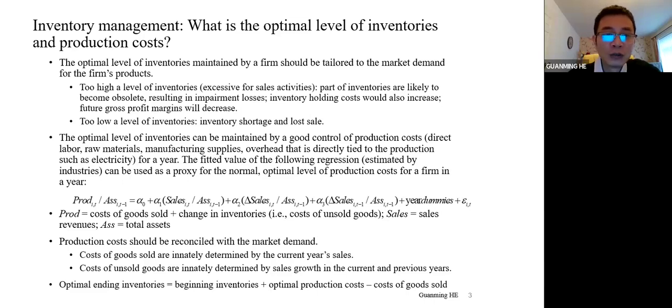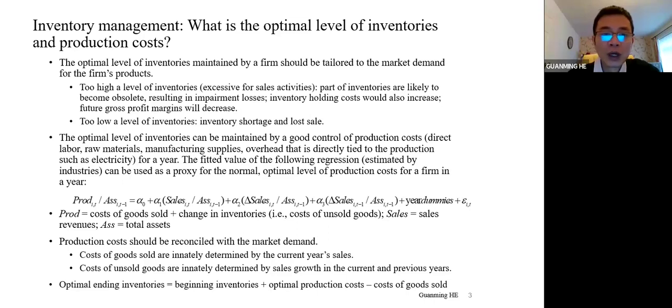Yet, the company cannot maintain too low a level of inventories. This is because, in case of consumer demand for the products, the company needs to have the goods in stock for selling to the consumers who need them.